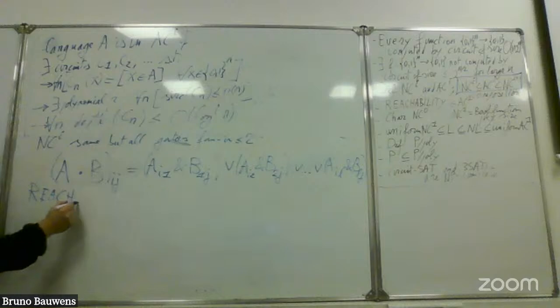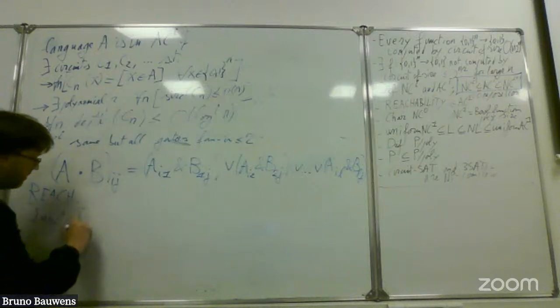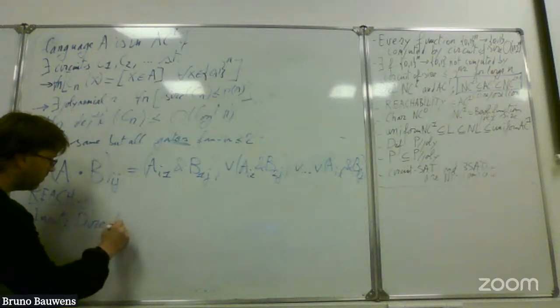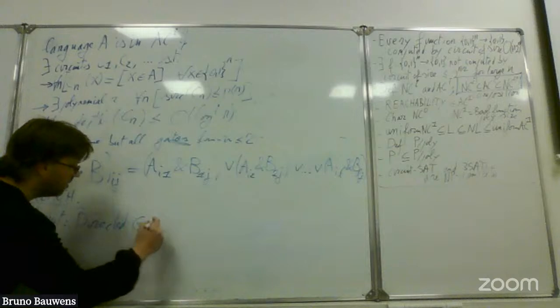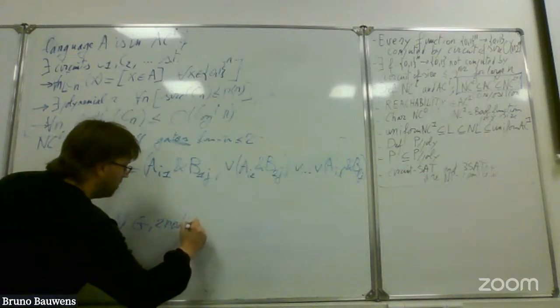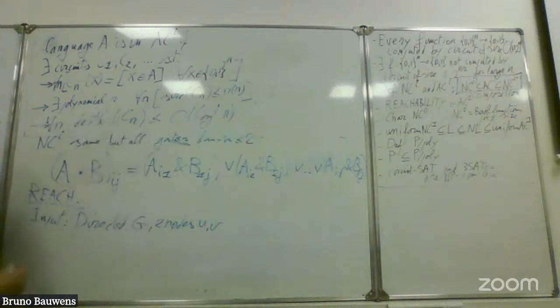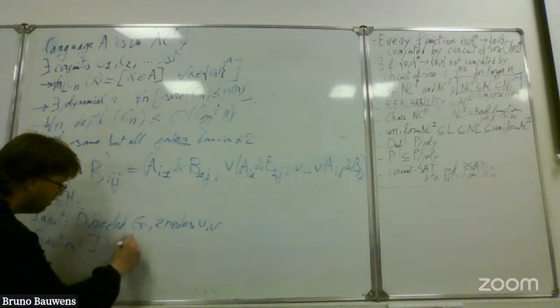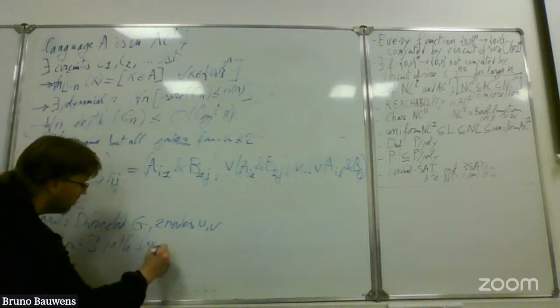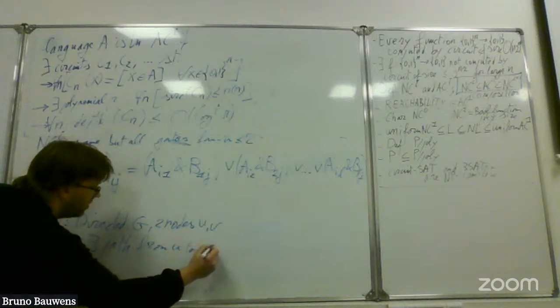Okay, I will abbreviate it. So the input is a directed graph and two nodes, U and V. And the question is: does there exist a path from U to V?